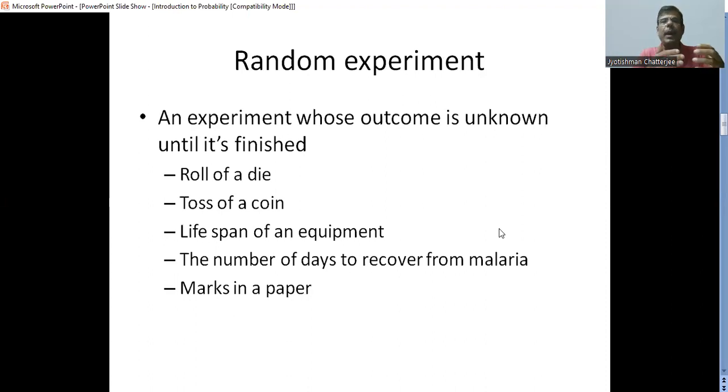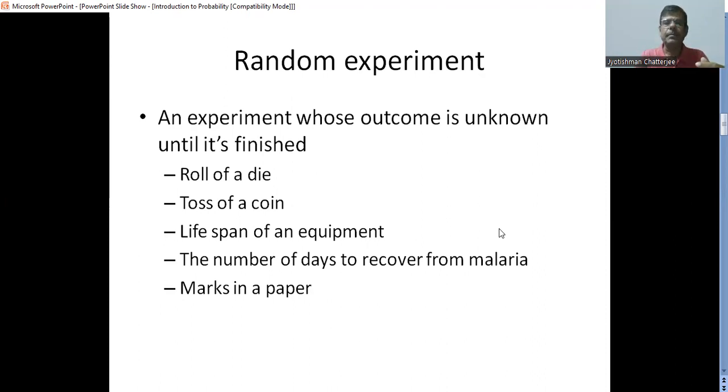Typically, when we do other experiments like physical experiment or say chemical one, we typically know what the outcome is likely to be, and then we repeat that. And each time we repeat it, we get the same outcome. Now, compare that thing with random experiment. Here, the experiment is performed, but we don't know the outcome until the experiment is finished.